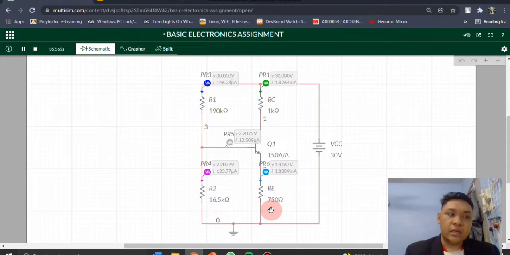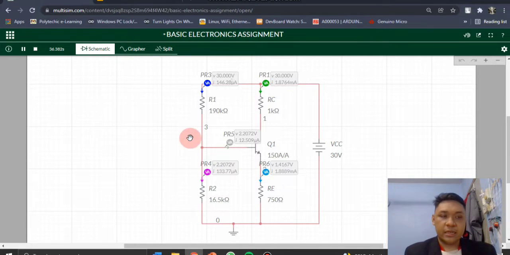By using Ohm's law, R equal to V over I. So voltage at VB, voltage at base, which we already know is 2.2, over the current at IE, which we already know is 2 milliampere.